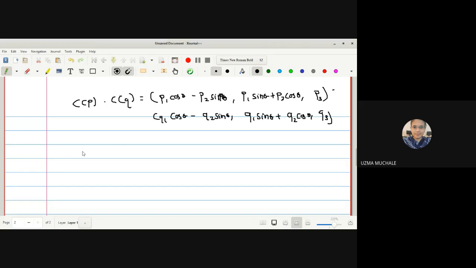You have to evaluate the dot product of these two. Yes, anyone can do this. Just evaluate the dot product and tell me the answer. It is easy to evaluate a dot product. You can do it.